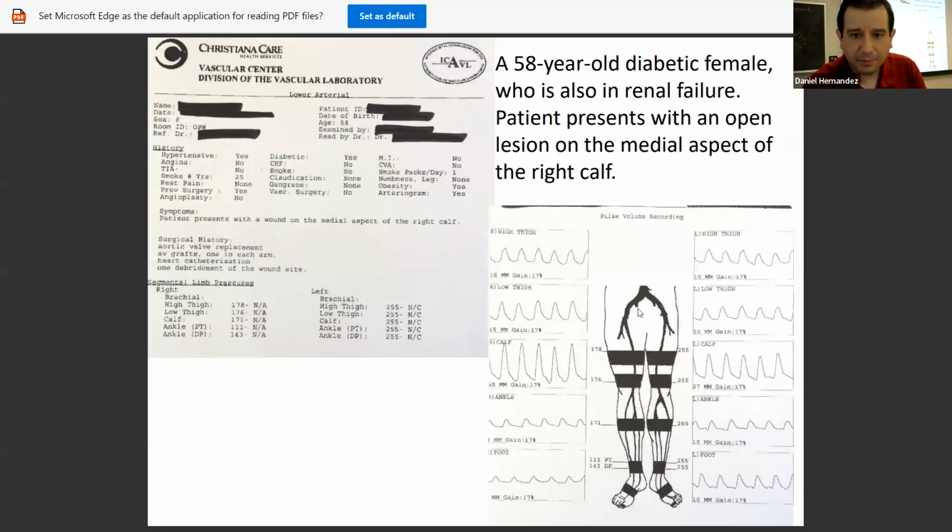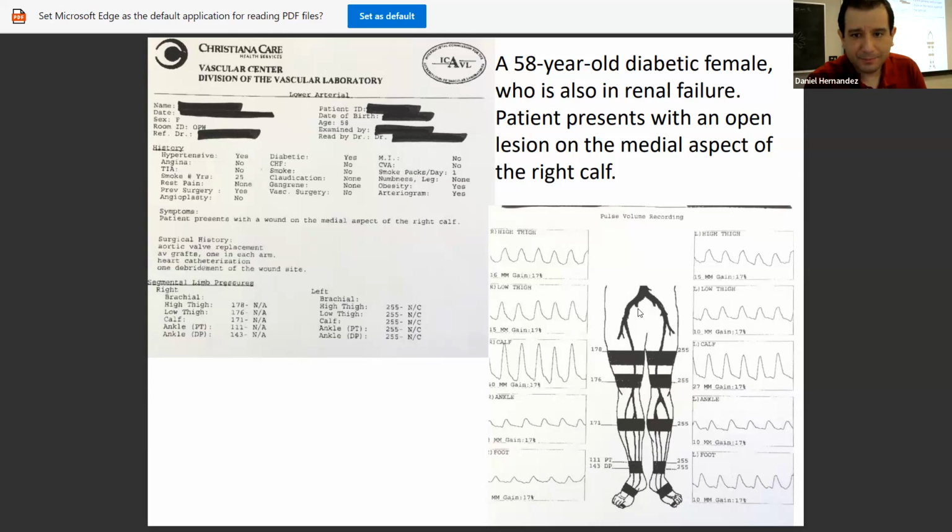They didn't do brachial pressures. Oh. Yeah. Medial aspect of right calf.